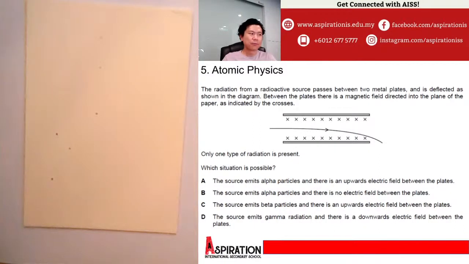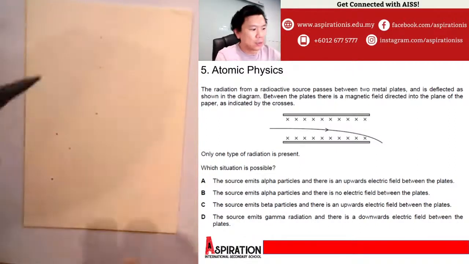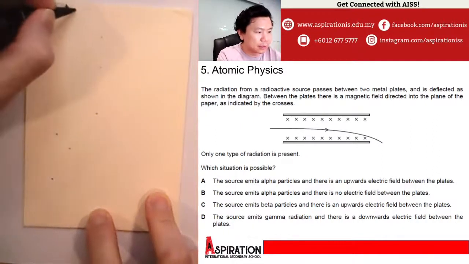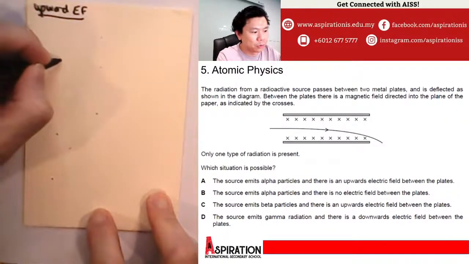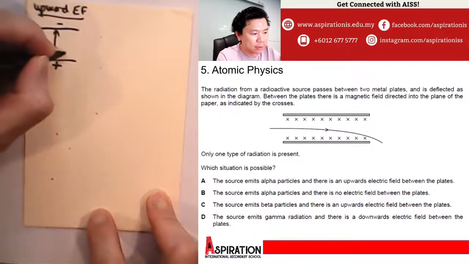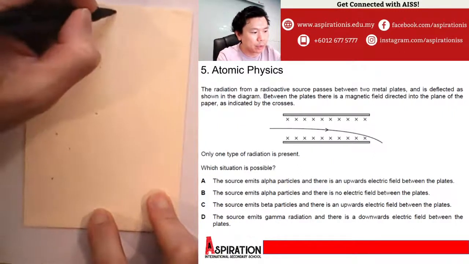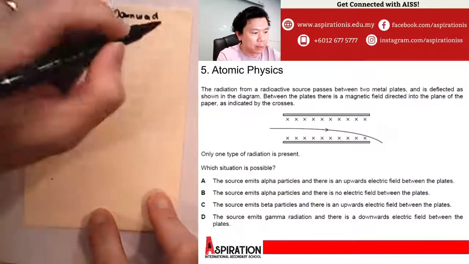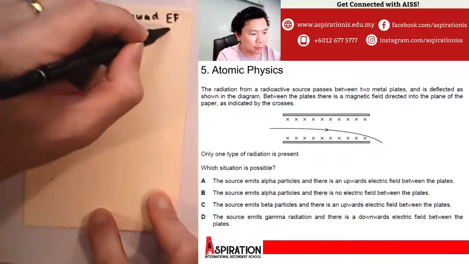Okay. Now, I'm going to explain this question. Now, firstly, when they say upward electric field, I hope you know it means positive here and negative here. So this is what they mean by an upward electric field, and this is what they mean by a downward electric field.